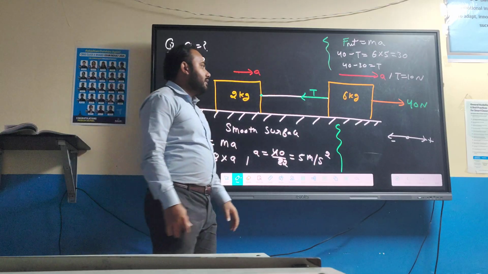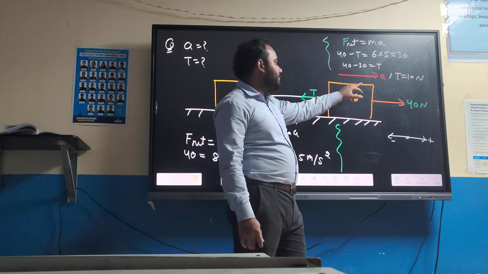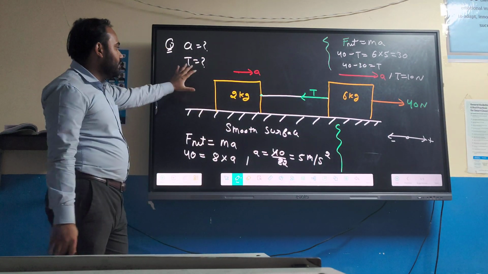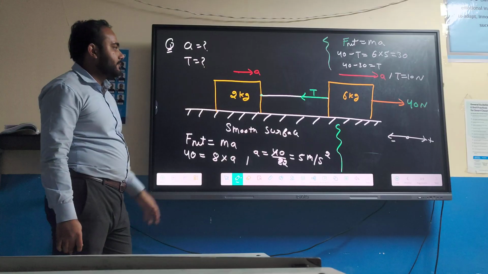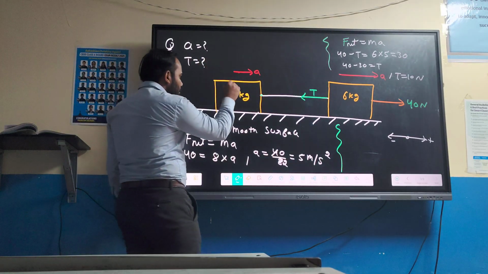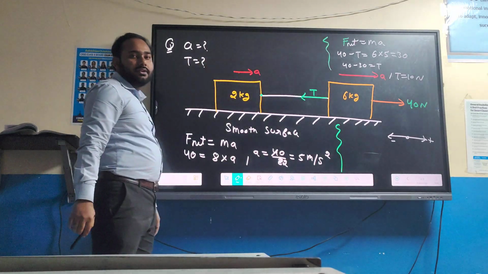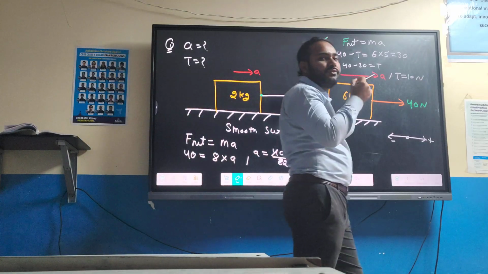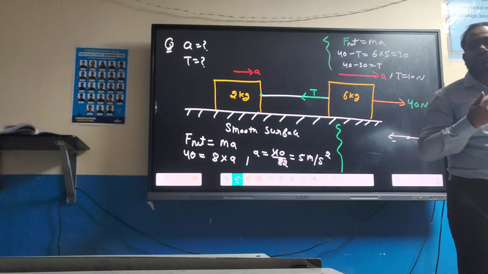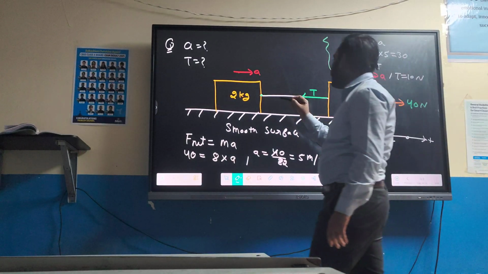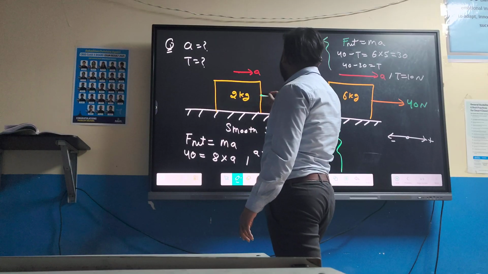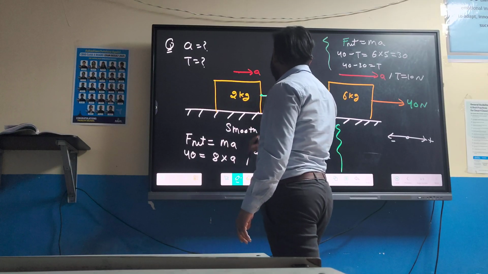No. Like the 6 kg body was experiencing an external force of 40 Newton, but there is nothing here to apply an external force on the 2 kg. But this 2 kg body is connected to a string. Will the string apply a force? Yes. The string will apply a force, and that force will be tension force, and the nature of the force is pulling. So the tension will pull the 2 kg block, and here I will write the tension T.